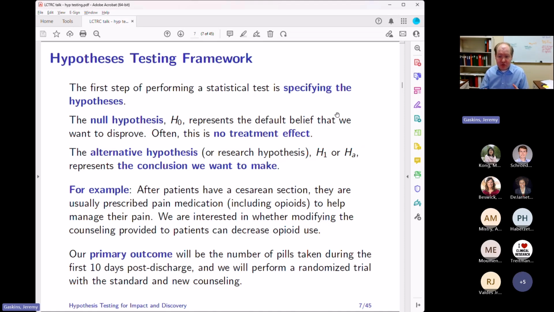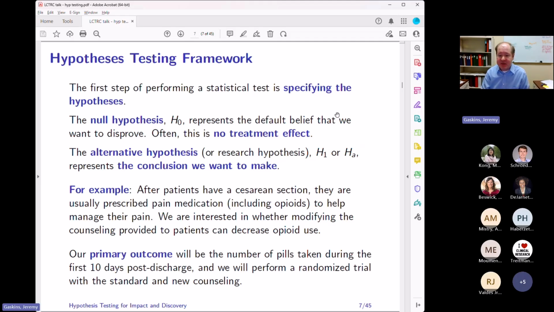We need to define a primary outcome for this study, and in this case that was the number of pills taken during the first 10 days post-discharge. They called the patients 10 days later, and while they were on the phone, counted up how many pills remained, and we were able to determine how many pills that means they had taken.